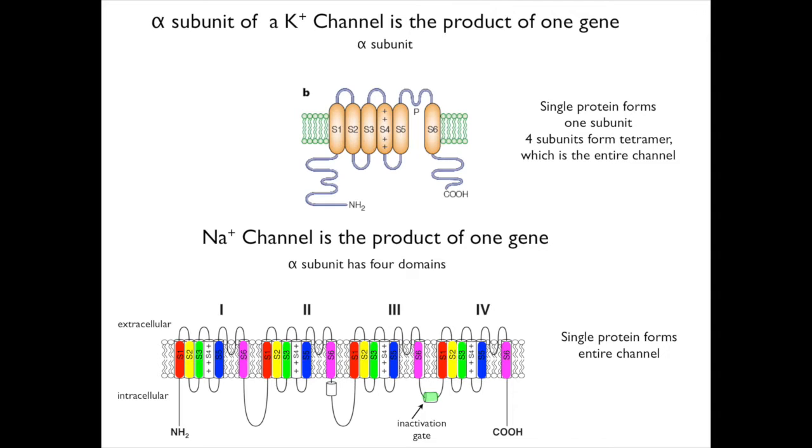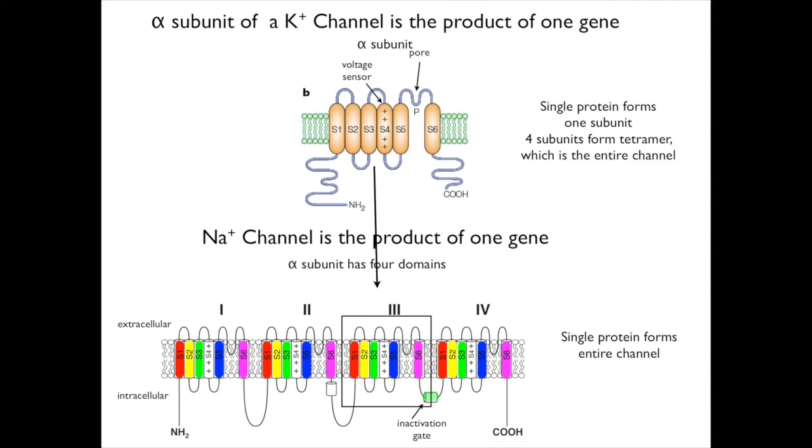The alpha subunit is in some ways strikingly similar to the sodium channel, and in other ways is strikingly different. The features that are similar are that the alpha subunit of the potassium channel has 6 membrane-spanning regions, S1 to S6, with one S4 region that is the voltage sensor, and a pore formed by the loop between S5 and S6.